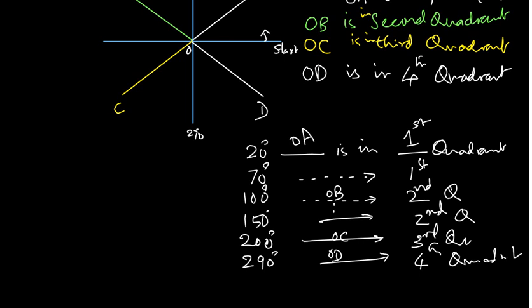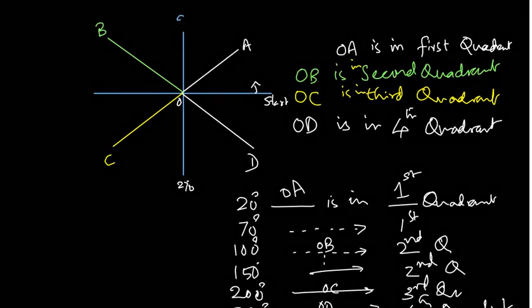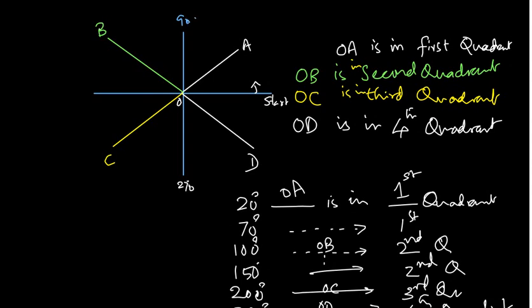So it can now be given in terms of radians. This can be 0, this can be 90 degrees, or in radians we write it as pi by 2. This is 180 degrees or pi radian.